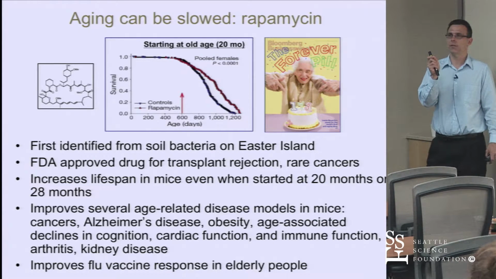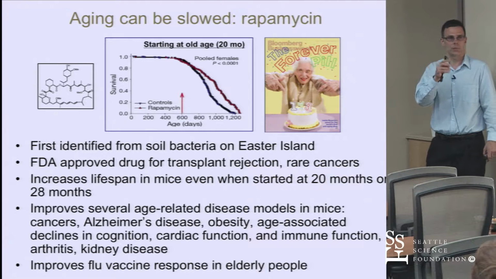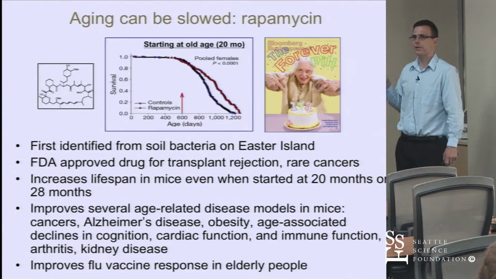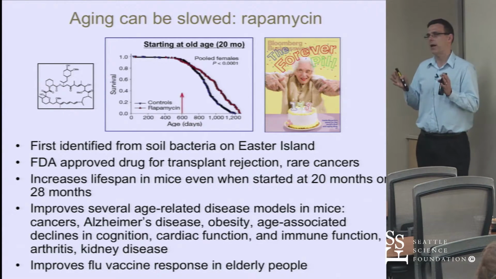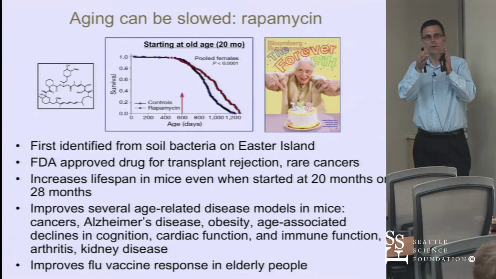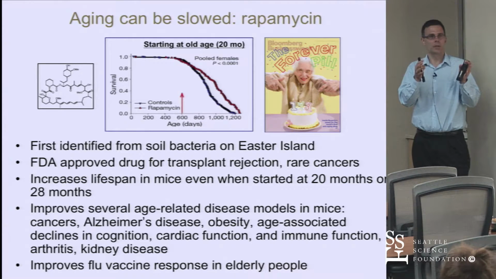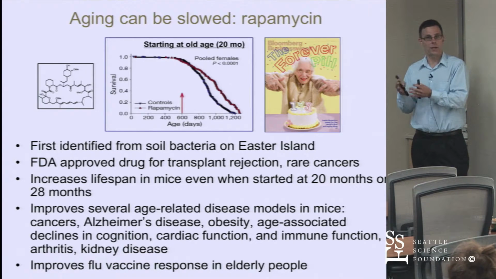So in that particular study, what they did was they took healthy elderly humans and they gave them a 6-week treatment with everolimus, which is Novartis's version of rapamycin. And the question they were asking is, what is the impact on decline in immune function with age? As we all know, the response to an influenza vaccine goes down as people get older.